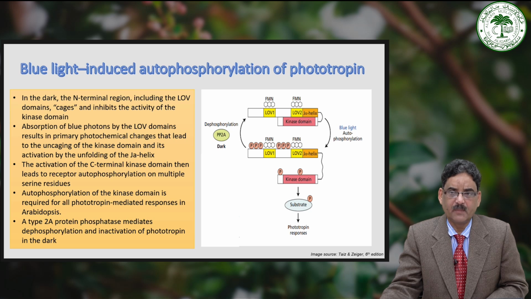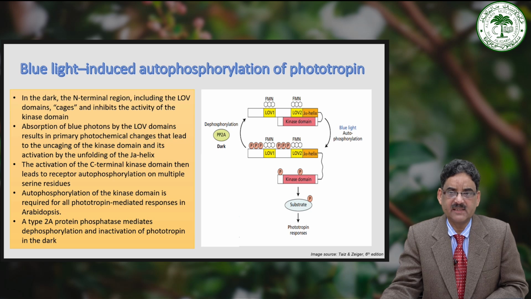These domains are separated by an alpha helical region, or J alpha. In the dark, the N-terminal region inclusive of the LOV domains functions as a cage suppressing the activity of the kinase domain.